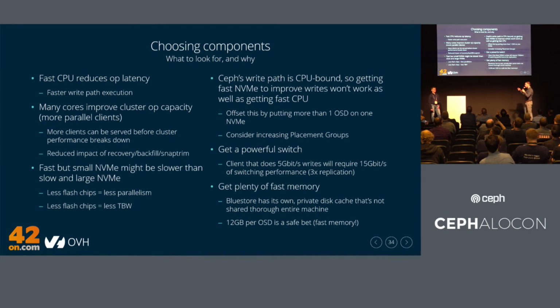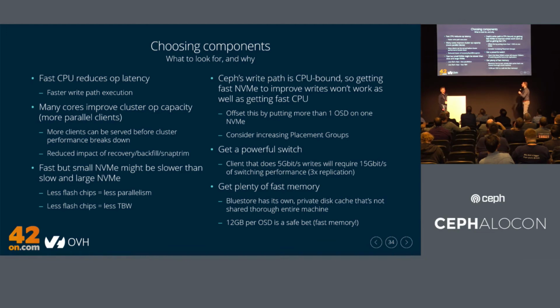And then again, it might be better to go for bigger NVMes because you get more chips and they'll be faster than smaller NVMes. But don't go with too big NVMes, because otherwise you have just this big lump of storage behind an OSD or behind the CPU, and you're going to be CPU bound for performance. So again, there's a trade-off there. I think the sweet spot right now is about a 4 terabyte SSD behind an OSD.